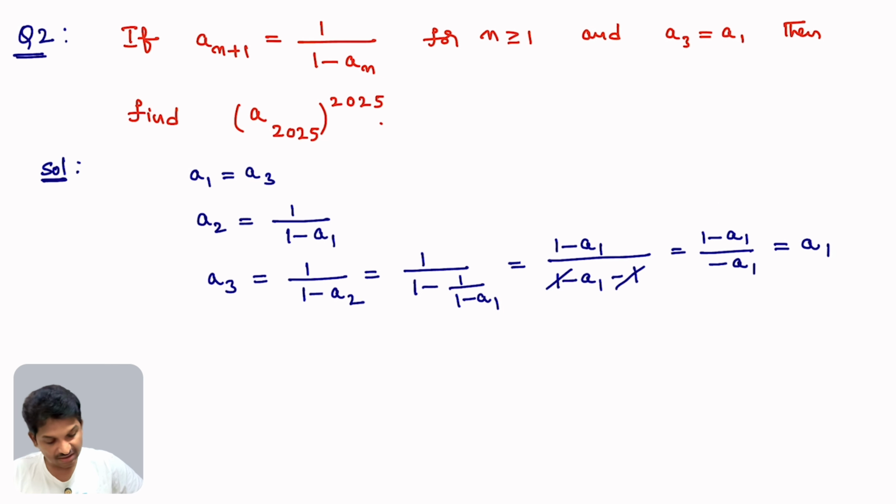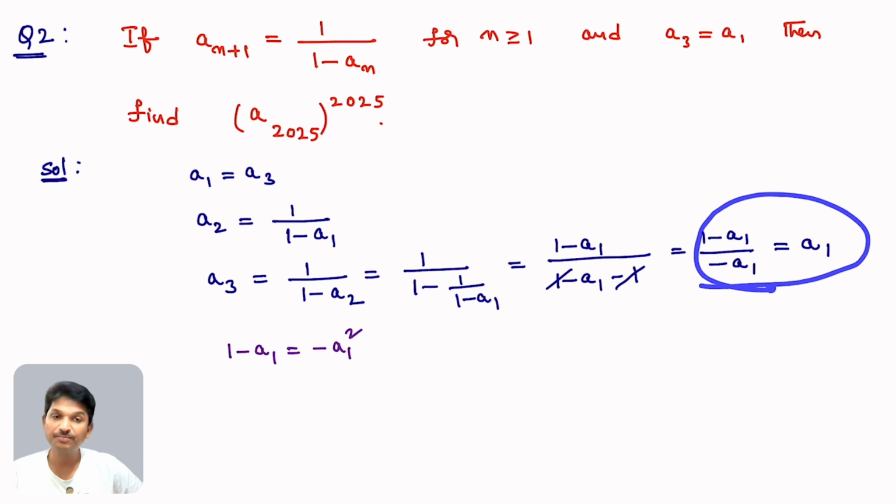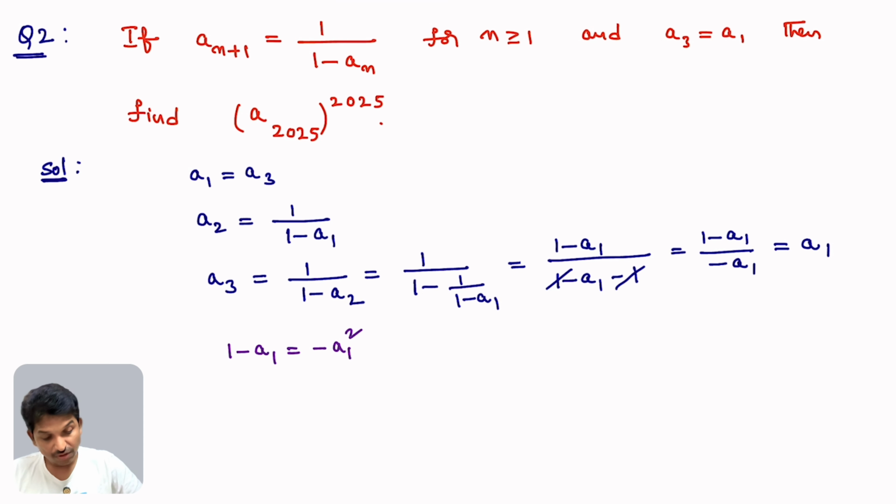What you will get is 1 minus a1 equal to minus a1 square. I am just simplifying this part. Take this minus a1 square to the left side, and you get a1 square minus a1 plus 1 equal to 0.